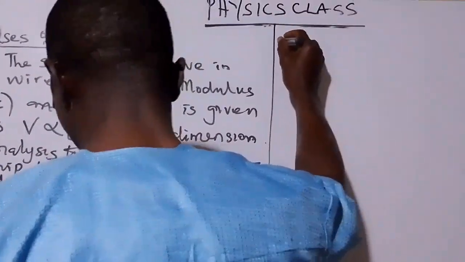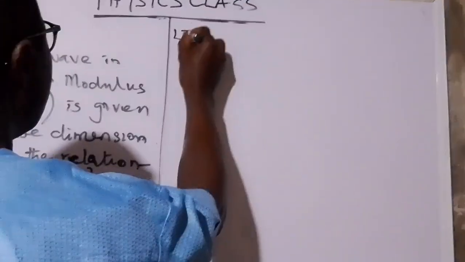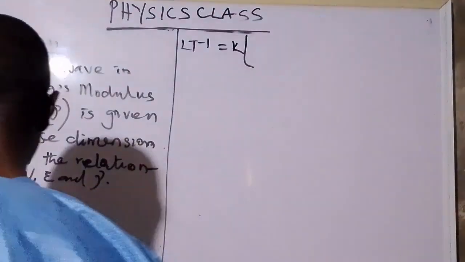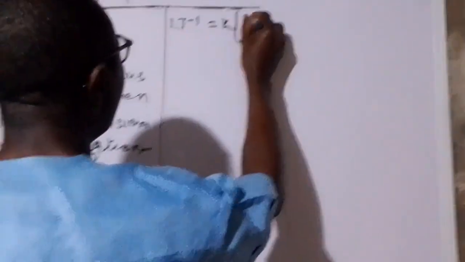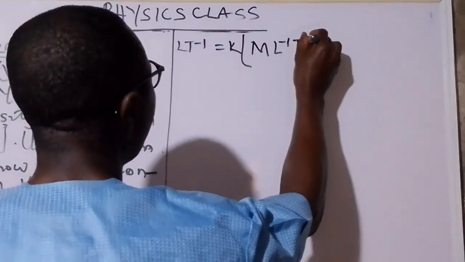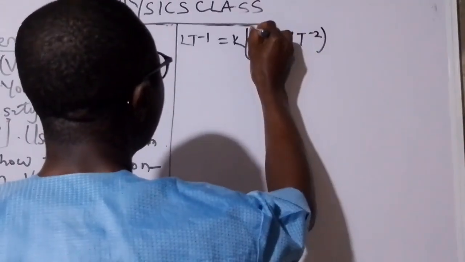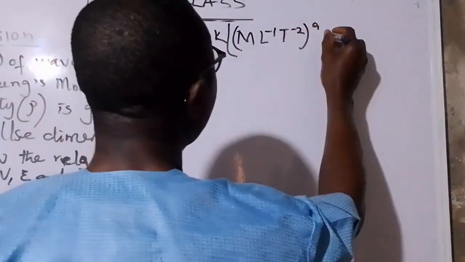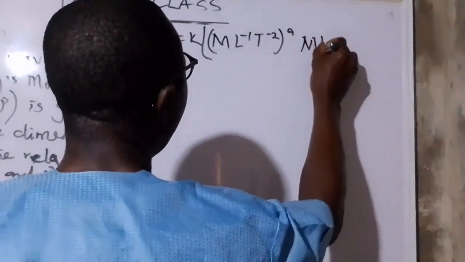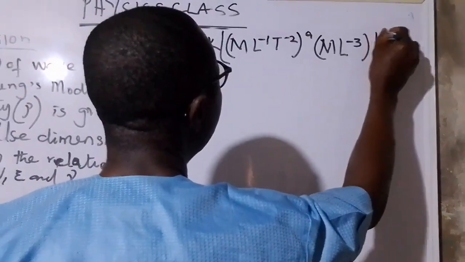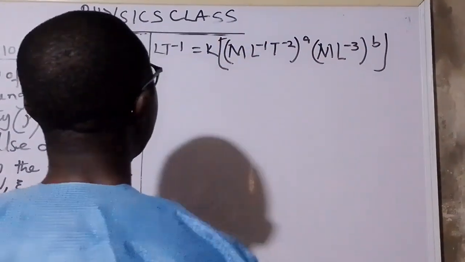So then we are going to have for speed, LT^-1 is equal to K into (ML^-1T^-2) raised to power A. Don't forget, the power on this one is A. Then (ML^-3), and the power of this one is B. Close the bracket again now.